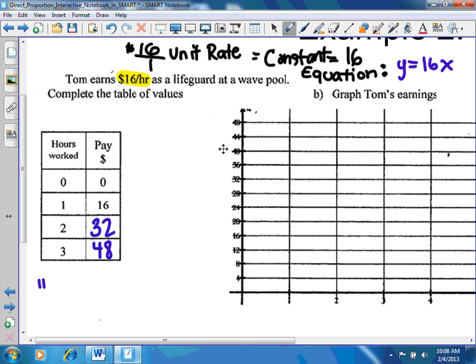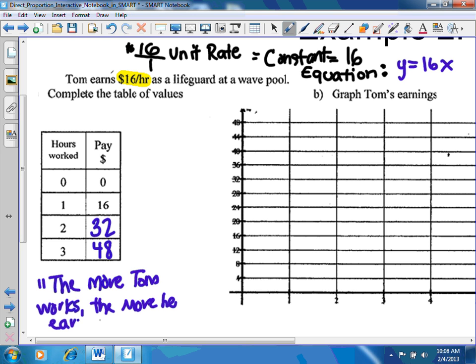We gotta put some stuff on the side, so kind of stay over here. The more he works, the more Tom works, the more he earns. And that is a direct proportion.